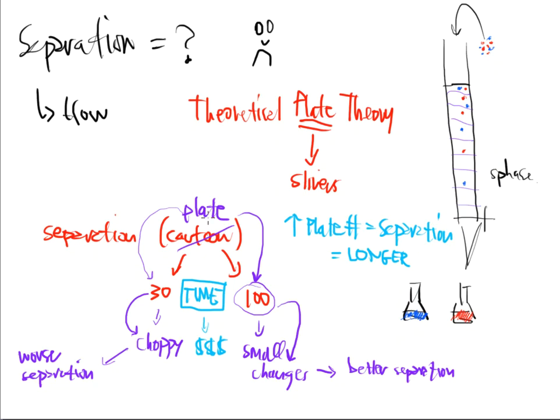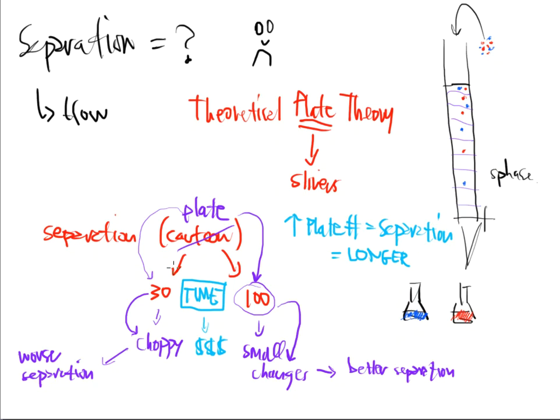So we said plate number was very similar. If we have a column with a high plate number, then the high plate number will be able to pick up the small changes that happen, and those small changes allow us to get better separation. So if you're looking for good separation, choose the columns with high plate numbers.